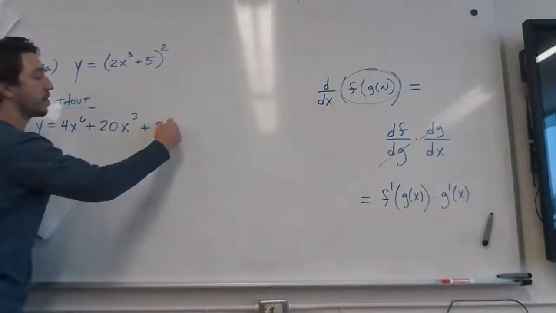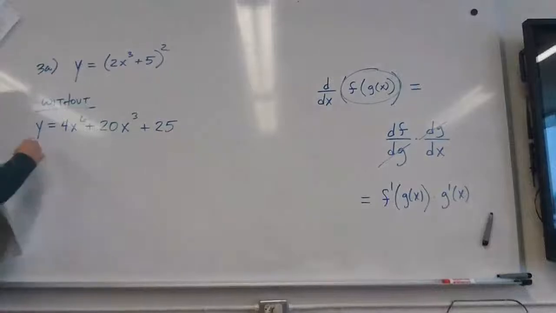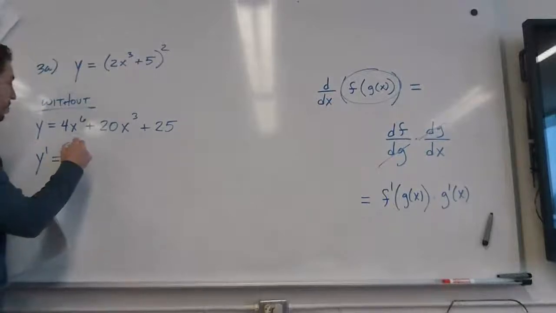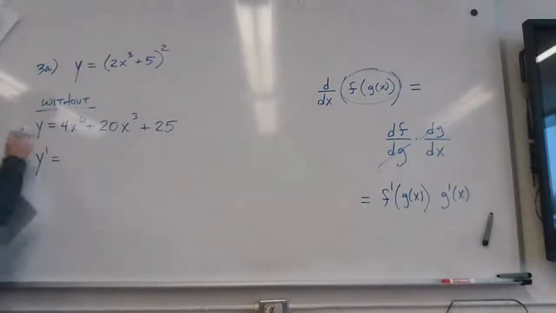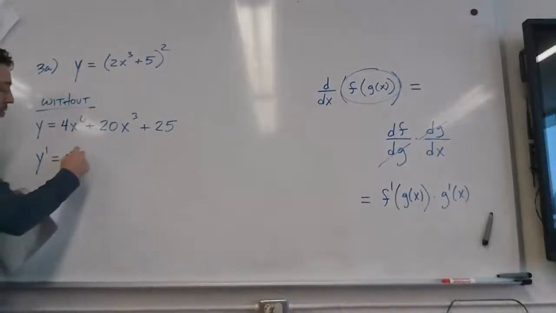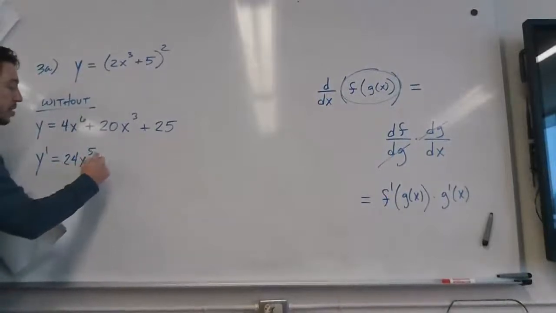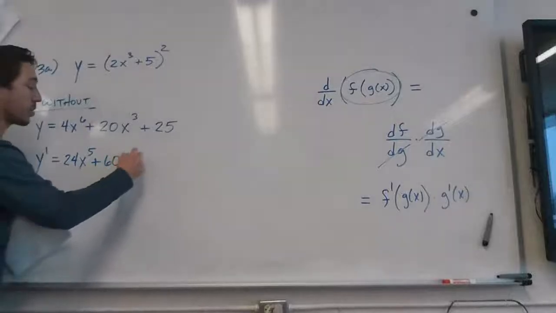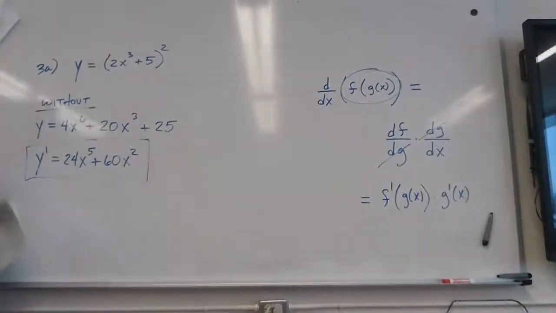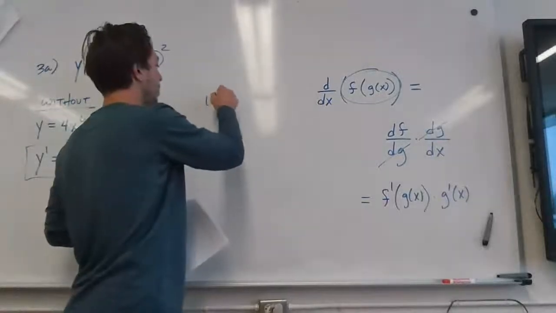The last term is 25. Cool beans? So the derivative, again, is just the function being rewritten. We squared it. So 24x to the 5th plus 60x squared plus 9. Okay, that was easy. Let's do it with the chain rule.